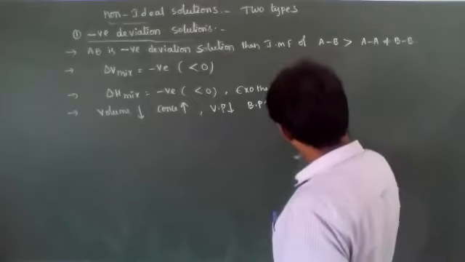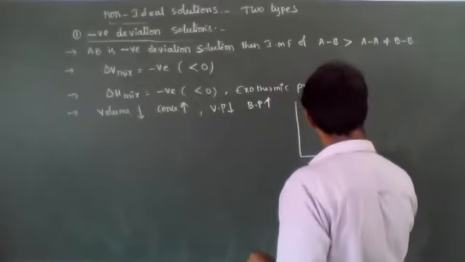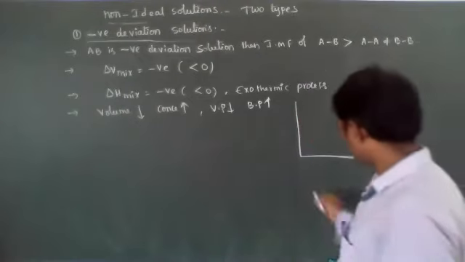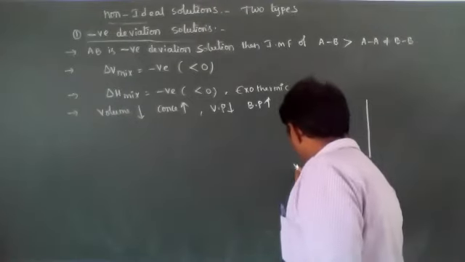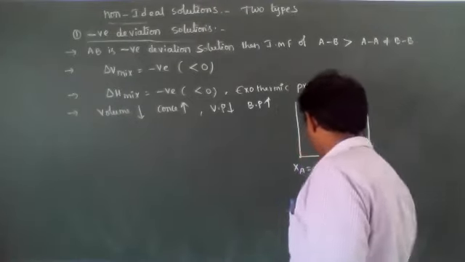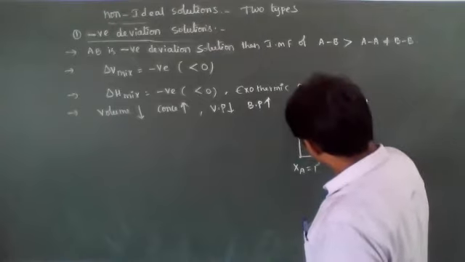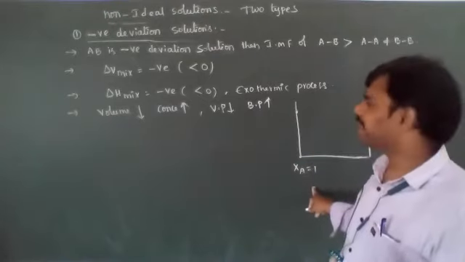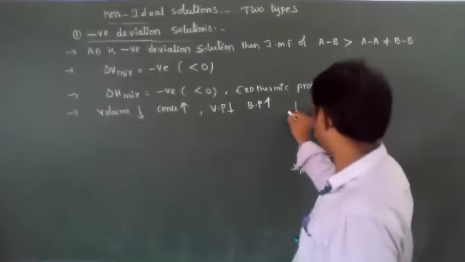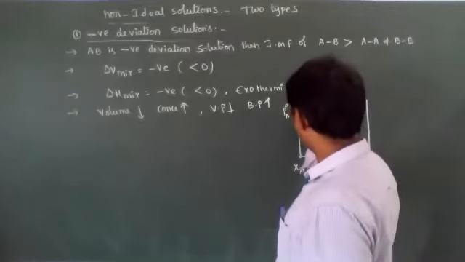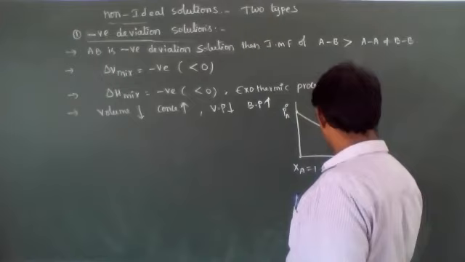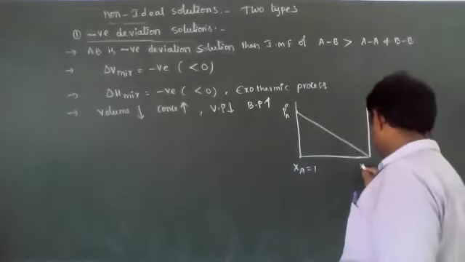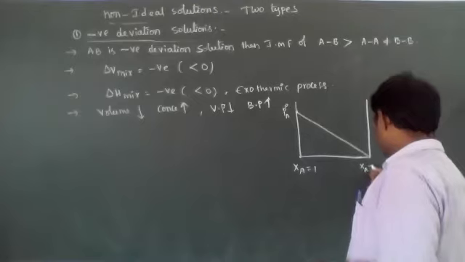Let's see the graphical representation, dear students. Here, if the mole fraction of A is equal to 1, the solution contains only A. So it has the highest vapor pressure in the pure state, that is P0 A. After that, if the mole fraction decreases, the vapor pressure decreases and reaches this point, where XA equals 0.